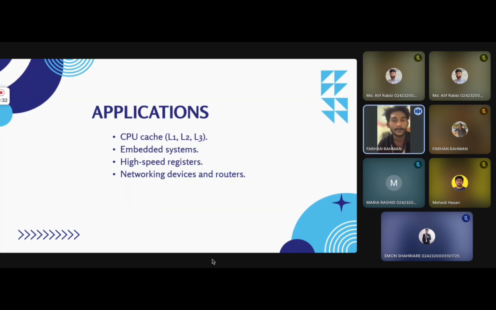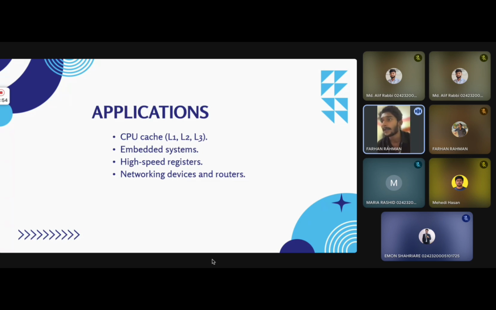Hello everyone, Assalamu alaikum. My name is Farhan Rahman, ID 232155562. Now I am going to discuss the topic of applications. As we can see, there are 4 applications: CPU cache, embedded systems, high-speed registers, and networking devices and routers.